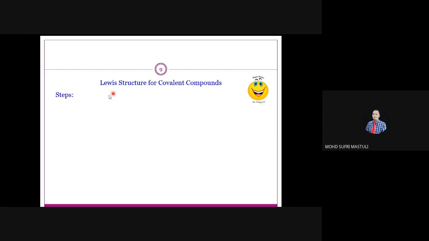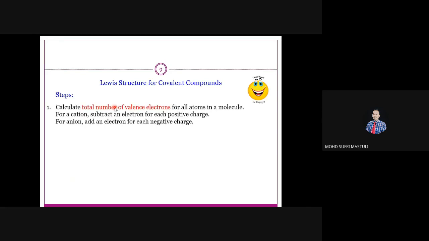Okay, before drawing any Lewis structure, you should be able to tell whether the compound given to you is ionic or covalent. When you are confirmed it is covalent, you just follow this procedure. For the covalent compound, in order to draw the Lewis structure, you have to calculate the total number of valence electrons for all atoms in a molecule.